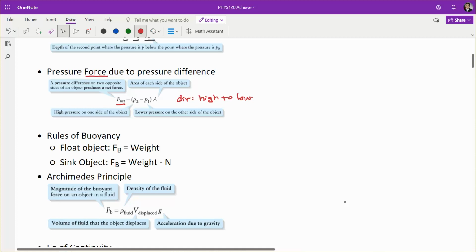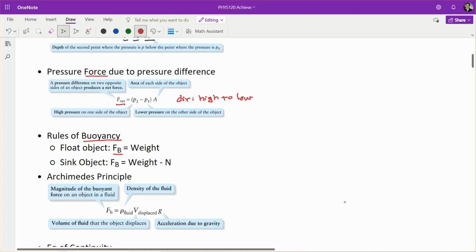After that, we talk about buoyancy. This is an important topic because we did a lot of examples in class already. I want you to remember the rules. If you have a floating object, then the weight is equal to the buoyancy force, F_B right here. If something sinks down to the bottom, then the buoyancy force will be less than the weight.